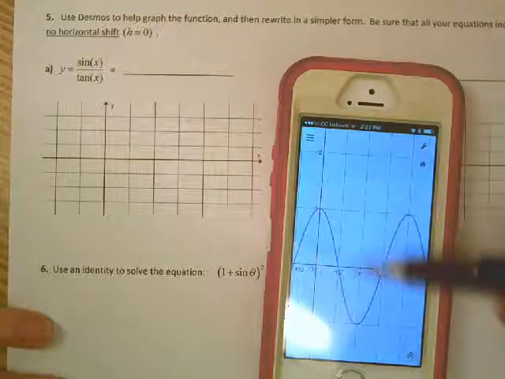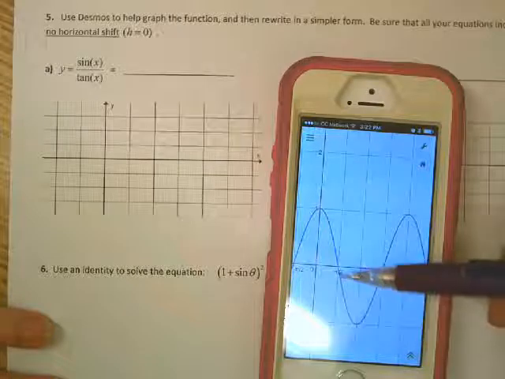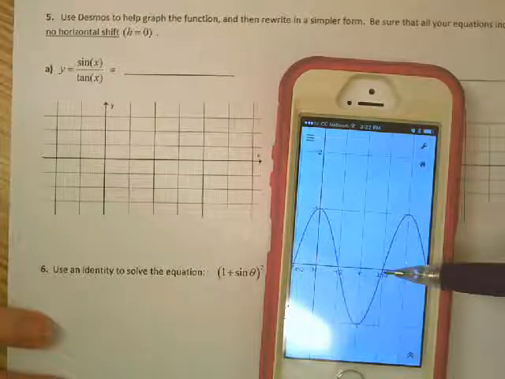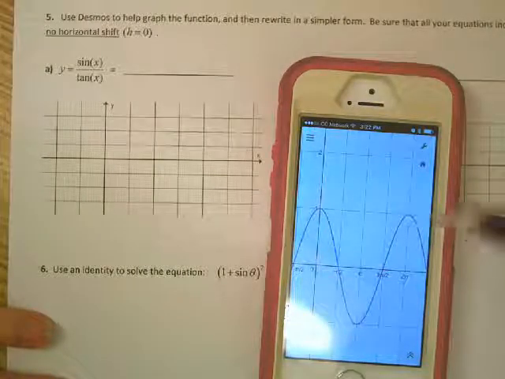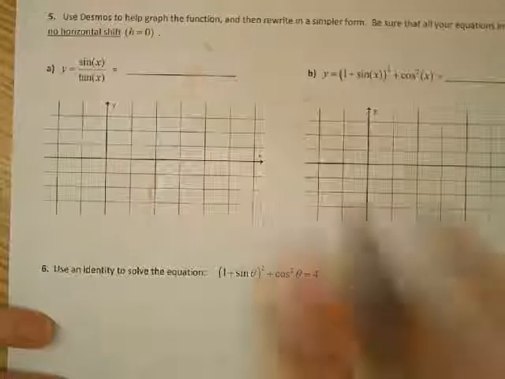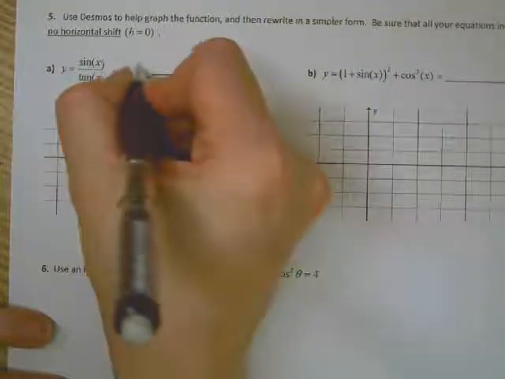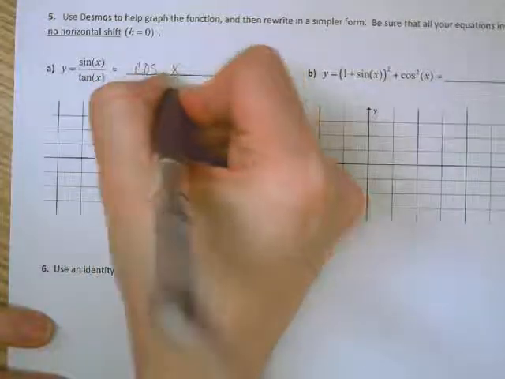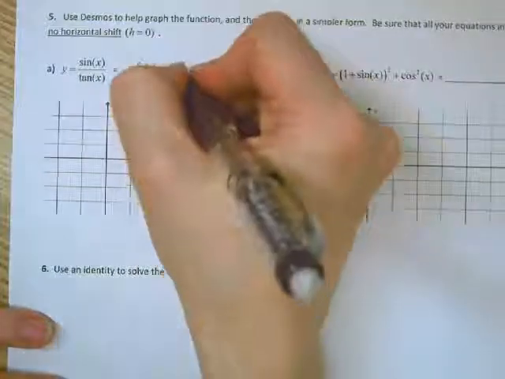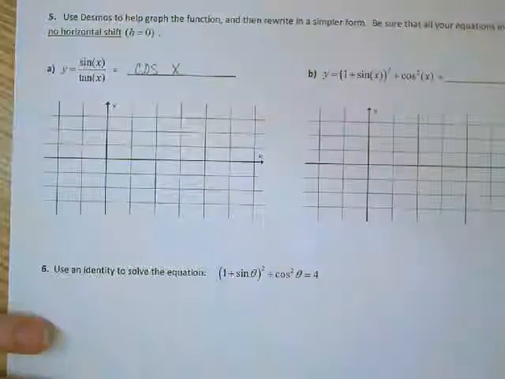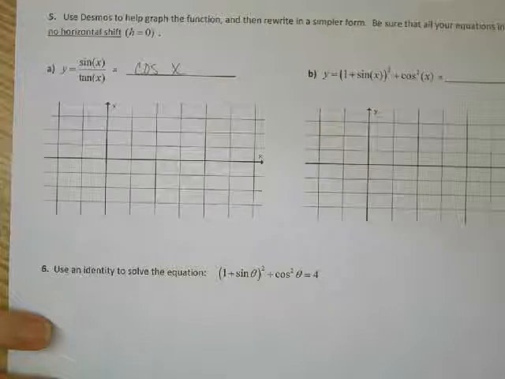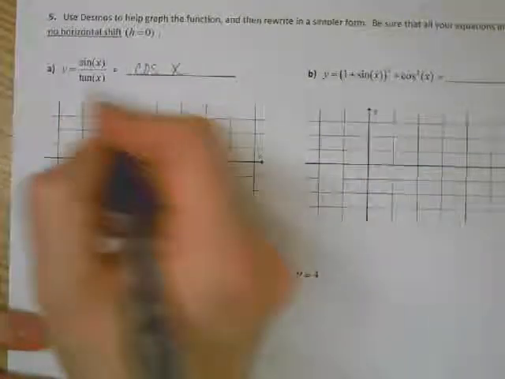Starts up, goes to the midline at pi over 2, it goes down at pi, back to the midline, and back up. And so between 0 and 2 pi, this is the same thing as the cosine of x, which shouldn't be terribly surprising since we know that the tangent of x is sine over cosine. So that's one of the other identities I'm dealing with.